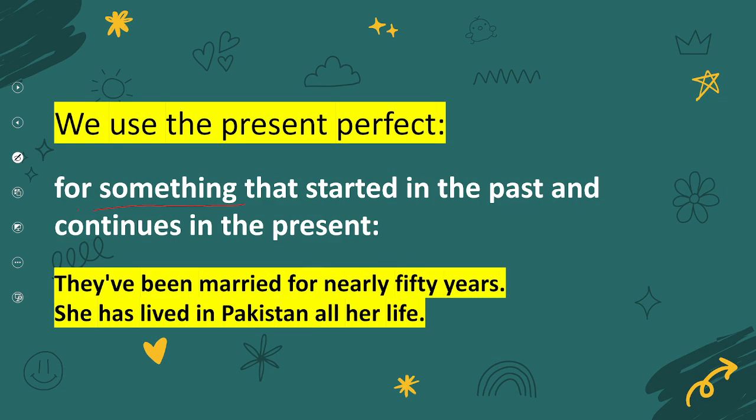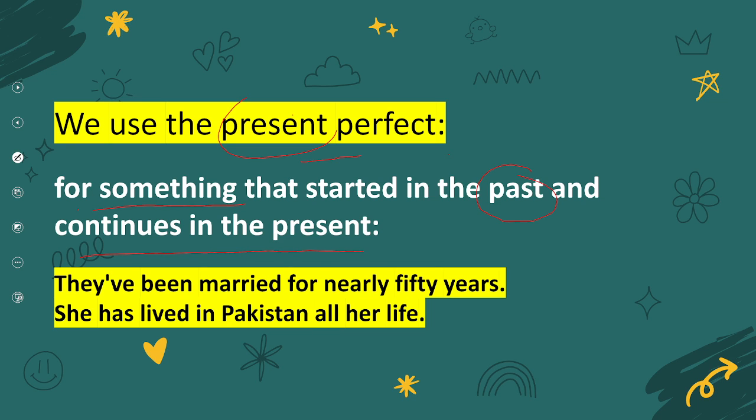We use the present perfect tense for something that started in the past and continues in the present. So it means it is linking the past and the present, and we call it perfect because the action has started already in the past.